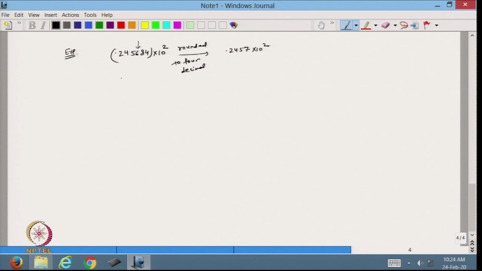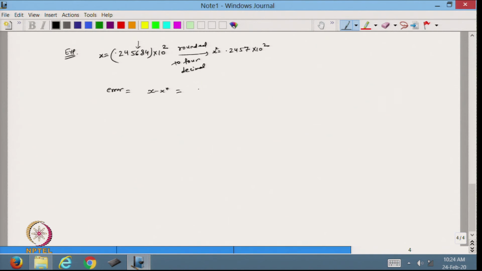Now, suppose I have rounded this number. I want to see what the error is, because this is my x and this is my x star. Error means the difference between x and x star.